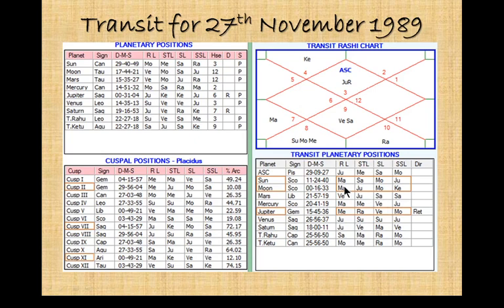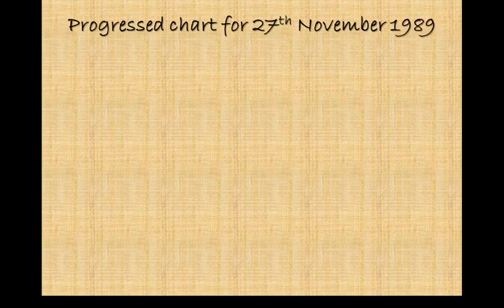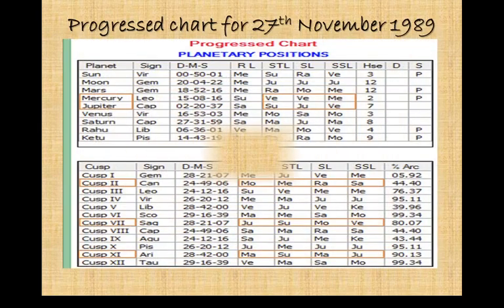We are done with the study of all the planets of transit, and now let's study the progression, because the progression chart is essential to know if the event will happen or not. We have to study the two planets, that's Mercury and Jupiter, because these two planets were in Dasha. So Mercury is Venus, Mercury, and Venus appears in 7, Mercury appears in 2, so 7 and 2.